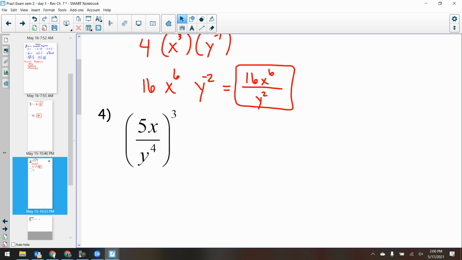Again, you notice how there's no addition or subtraction signs inside the parentheses? That means all I need to do is just distribute that power to the inside here. Here, here, and here. All right, well, what's 5 to the 3rd power? Don't say 15. 125? 125.